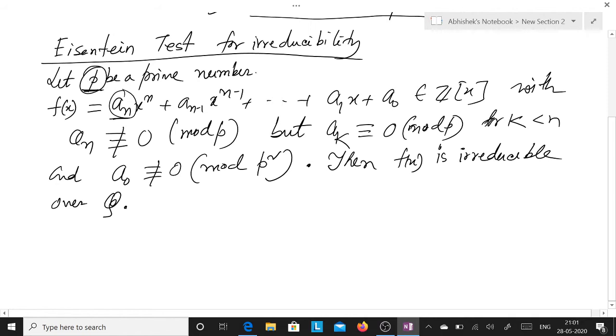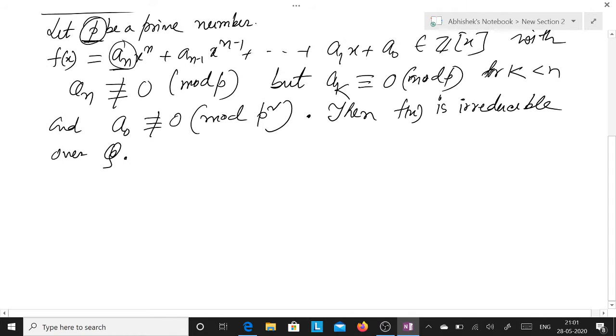I am not going to prove this theorem, because I would like to just put light on how to deal with problems using this irreducibility test. This is a very important test in ring theory. So let us first write down a problem.